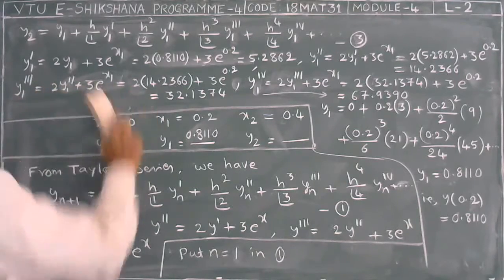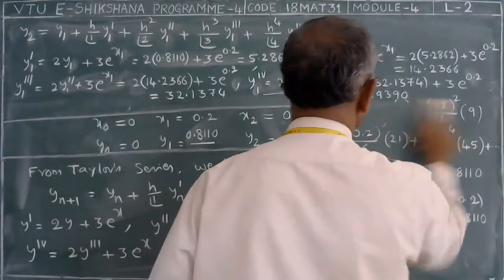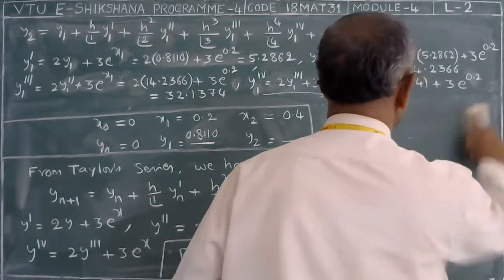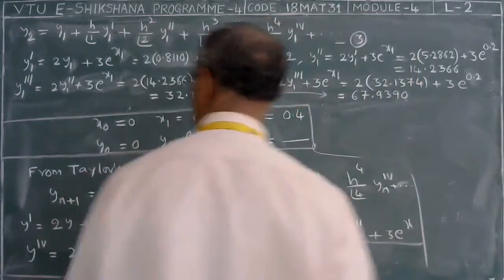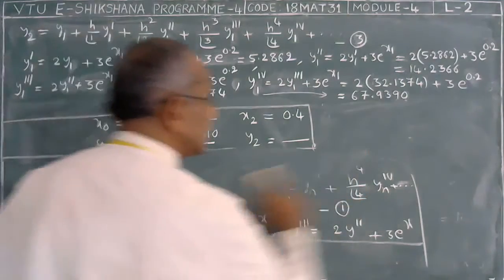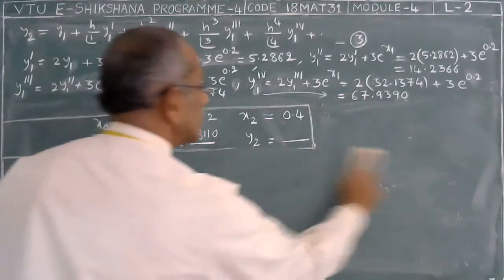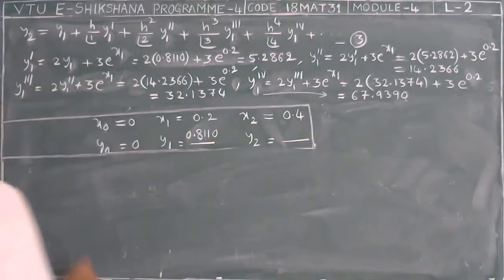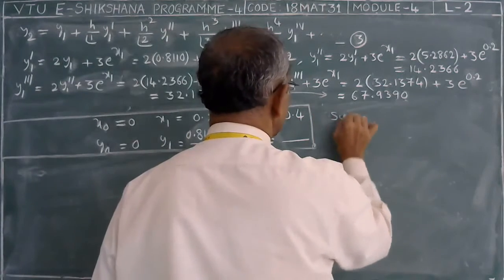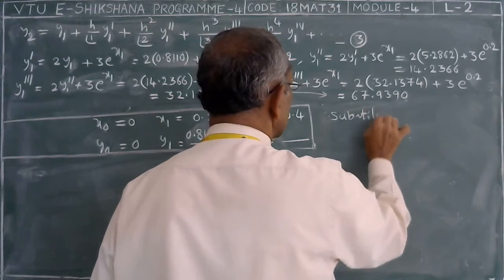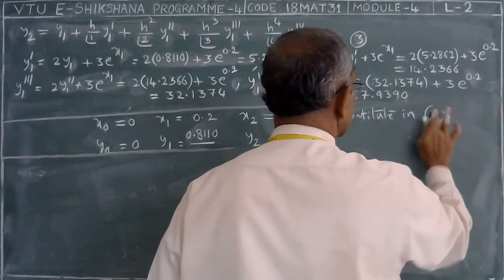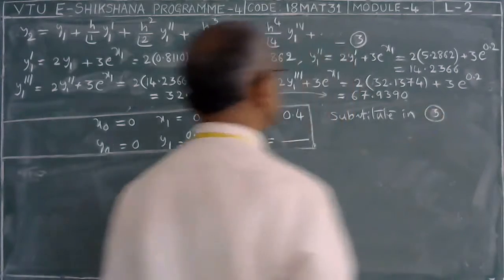Now I don't require this because this is the end of this problem. So remove this. Now substitute in this relation 3.